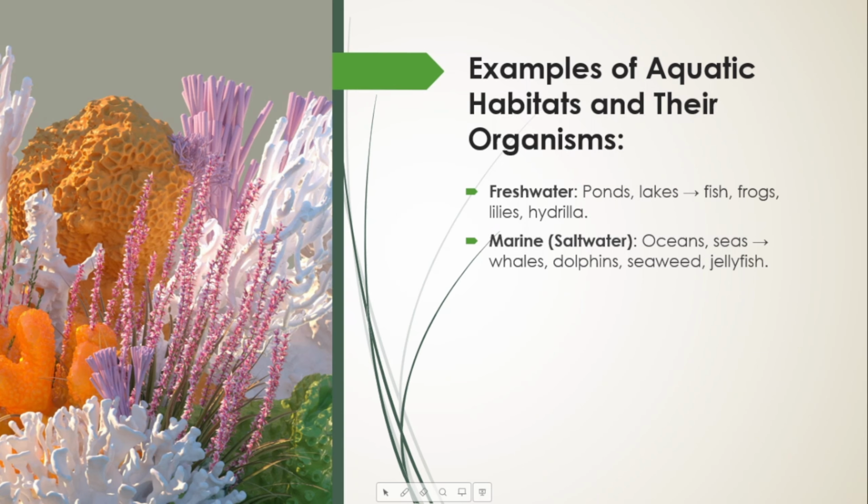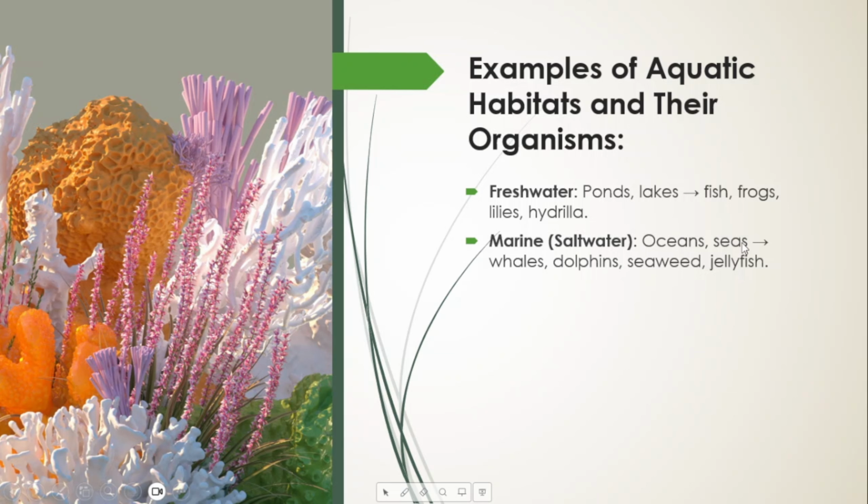So next are the examples of aquatic habitats and their organisms. Freshwater includes ponds and lakes, and the animals present in ponds and lakes are fishes and frogs. And coming to plants, we have plants like lilies and hydrilla. And next is the marine water, which is the salt water, seen in the oceans and seas.